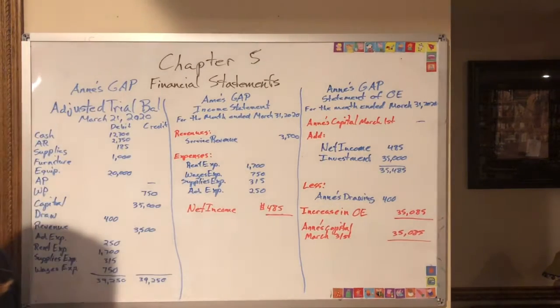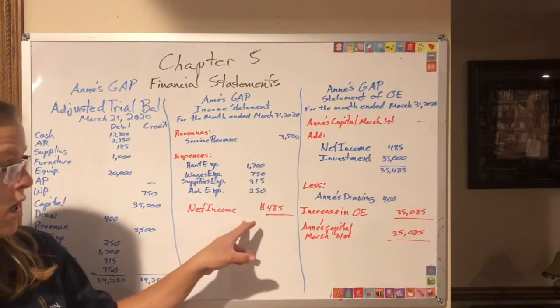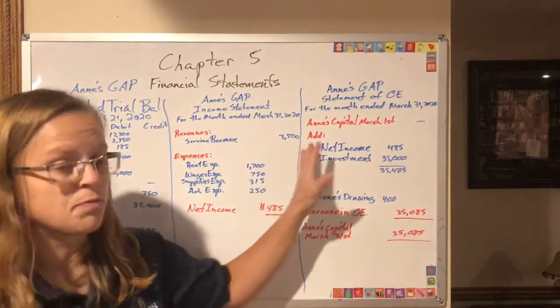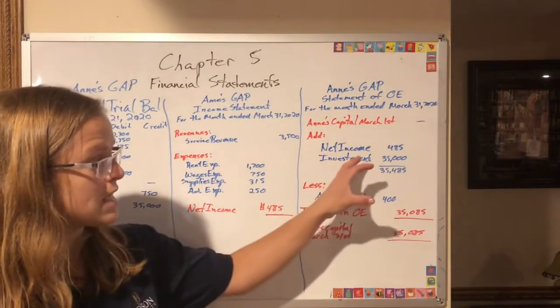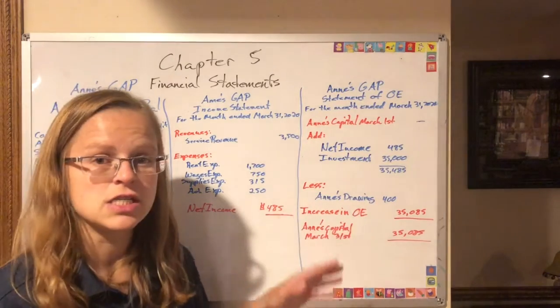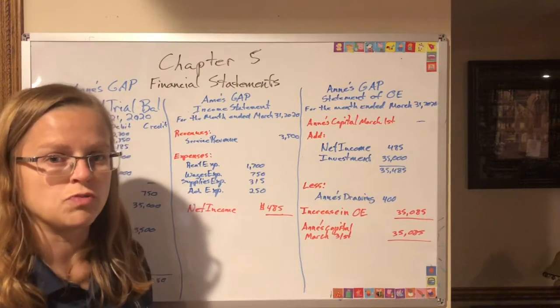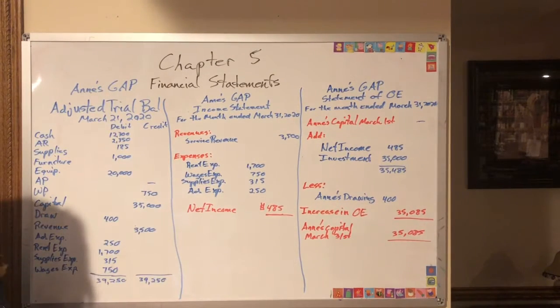Now you can see how the revenues and the expenses add up to the net income, and the net income is part of the owner's equity. All right, so then once that's calculated, this is just considered owner's equity. You don't have to consider it revenues or expenses, all right? So that's the owner's equity statement.